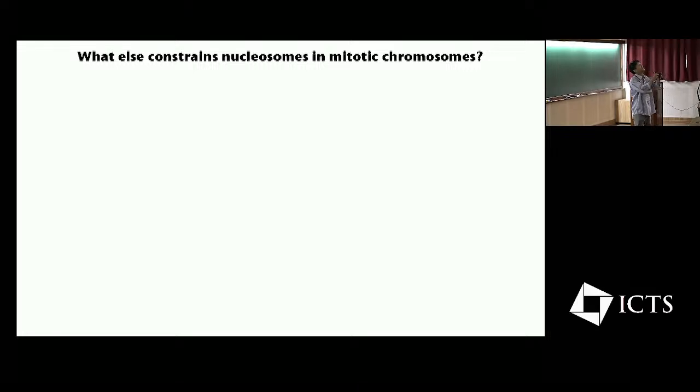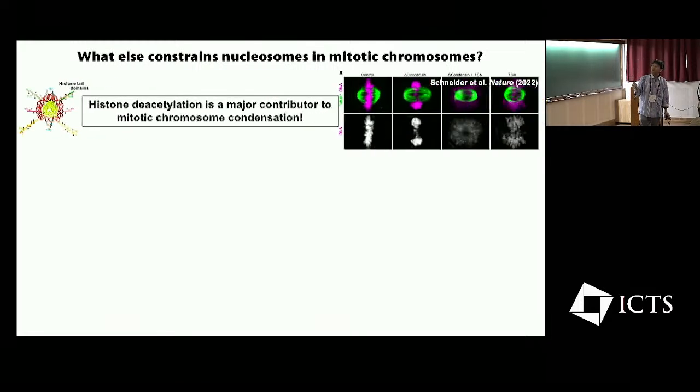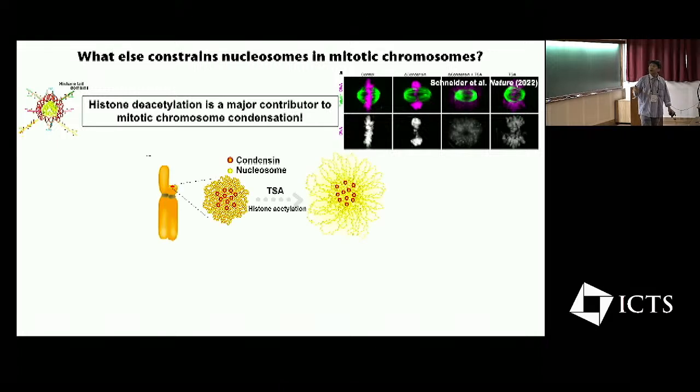Because even without condensin, chromatin is still condensed, we focused on histone deacetylation, because Schneider nicely demonstrated that histone deacetylation is a major contributor to mitotic chromosome condensation. They used this HDAC inhibitor, TSA. TSA treatment induced hyperacetylation of histone H3 and H4 tails, which weakened nucleosome interactions and decondensed chromosomes.